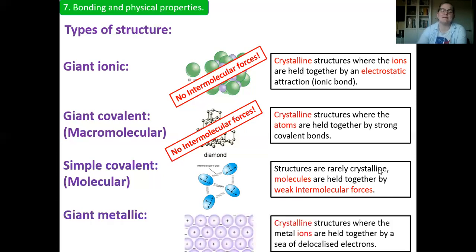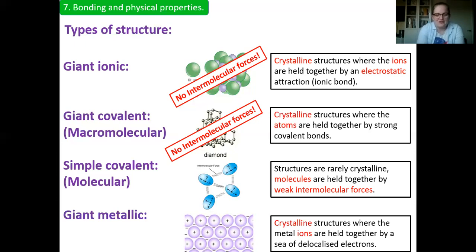And then we have our giant metallic structures. Our giant metallic structures are, again, crystalline structures, where metal ions are held together by a sea of delocalized electrons. So it's a sea of free electrons, again, that we've just spoken about. These have a high melting point, and that is because of their strong electrostatic forces, and this depends on the number of their free electrons.